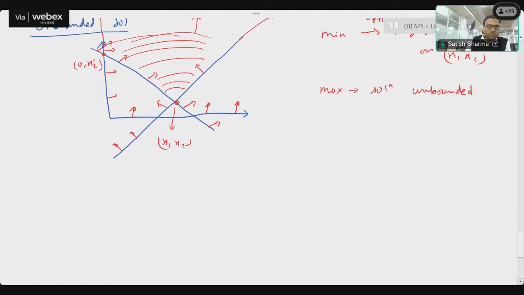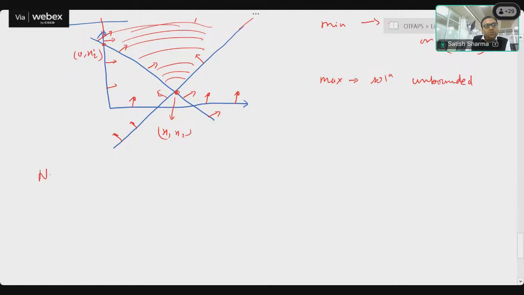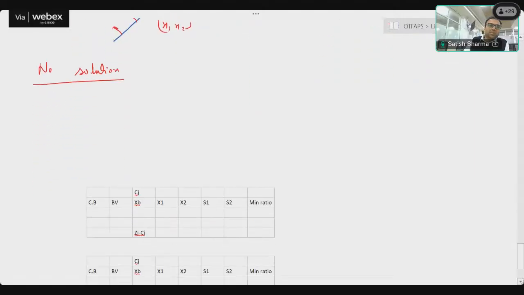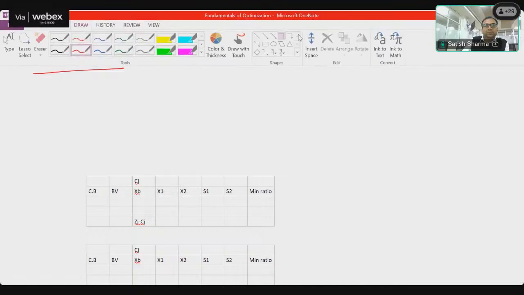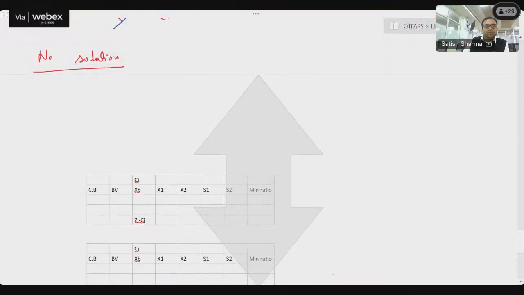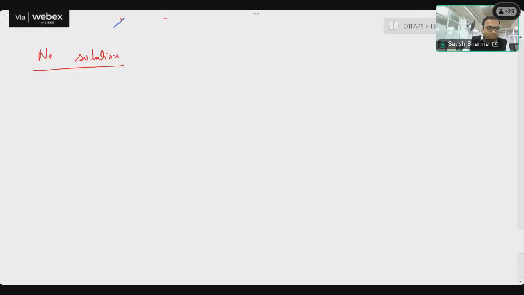Now let's talk about the no solution case, when there is no solution present. Let's draw something. In the no solution case, basically, let's see, this is my x and y axis.